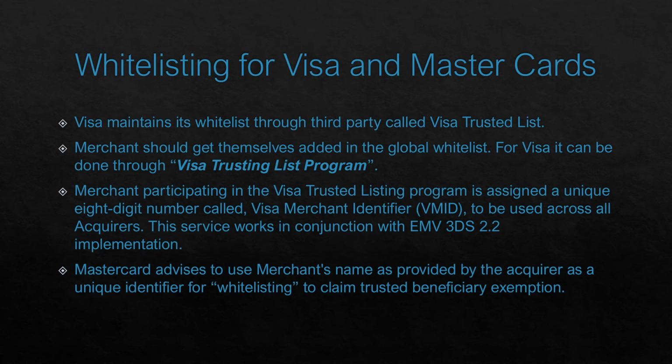When they enroll in this program, Visa provides that merchant an 8-digit unique ID, which is known as the Visa Merchant Identifier. It's unique for every merchant ID. Now, in the case of MasterCard, there is no ID provided. MasterCard uses the merchant name for whitelisting purposes. So it's actually dependent upon who the card belongs to.